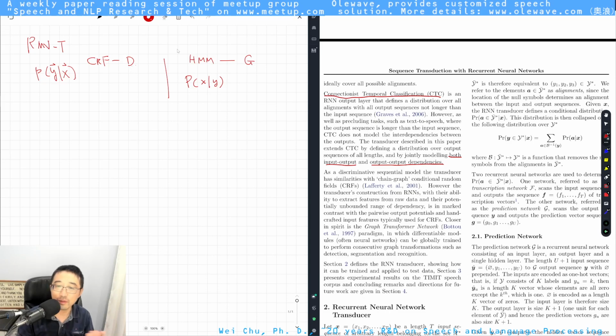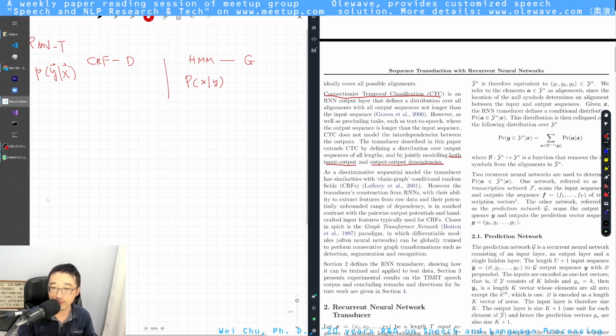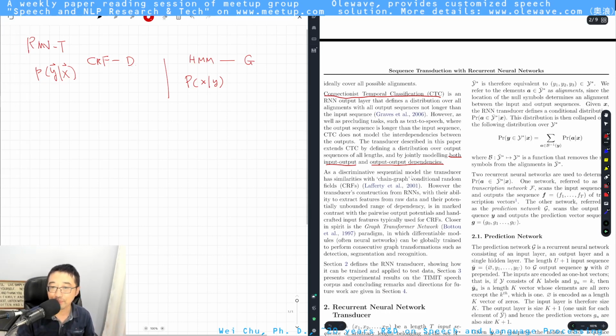So nowadays you do not see anybody using the CRF, but the RNN people can do batch mode or parallel mode. So it works well with the GPU, and the RNN trains relatively very fast compared to CRF. So it's a big success.